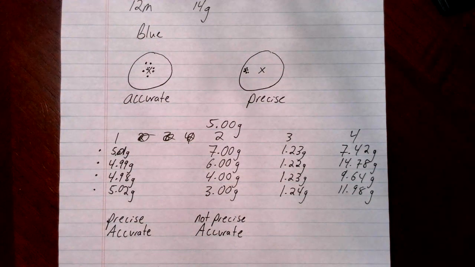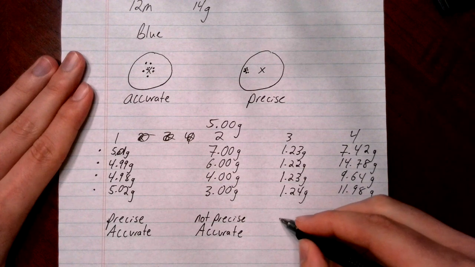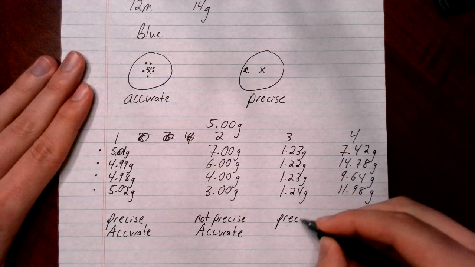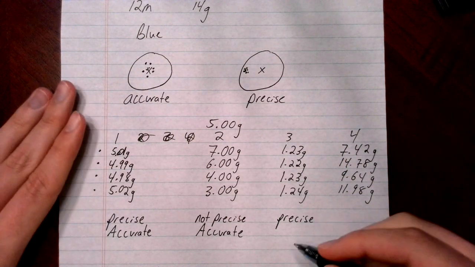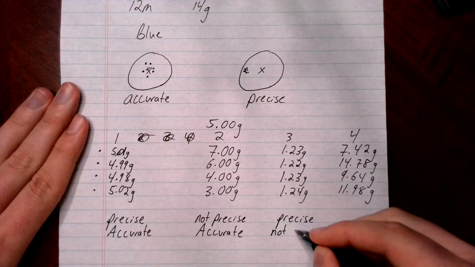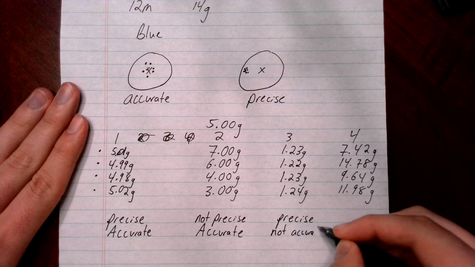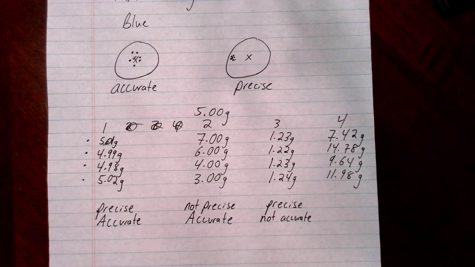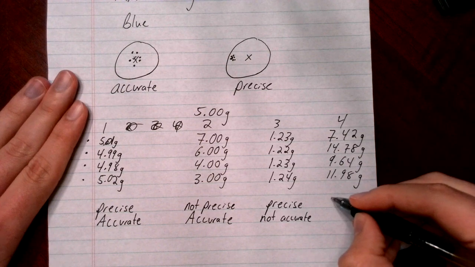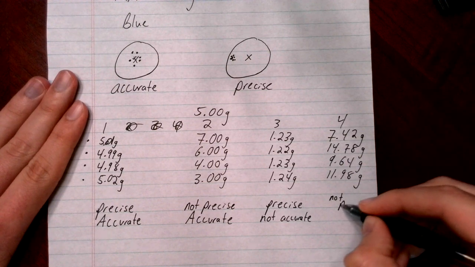Then if we look at student three, all their values are pretty close together. So we could say they're precise. But their values are not close to the known value. So we would say they are not accurate. Then student four, they're kind of all over the place. Their values are not close together, so we would say they are not precise.